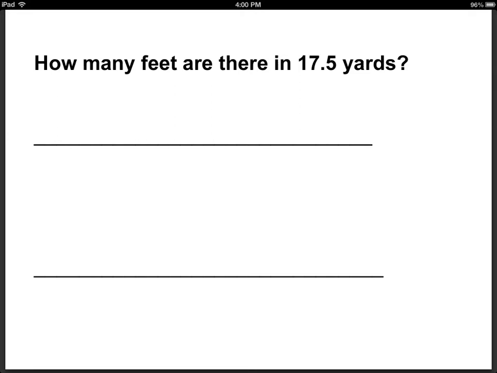Now, what we will do first is we will take the given information in the problem, in this case 17.5 yards, and we're going to write that down. It's a whole number in this case, so 17.5 yards. And so consequently, you can really say it's 17.5 over 1 yards.